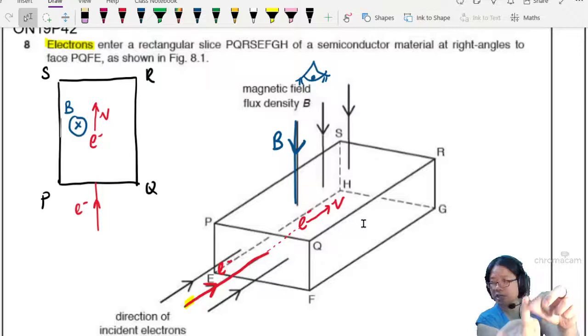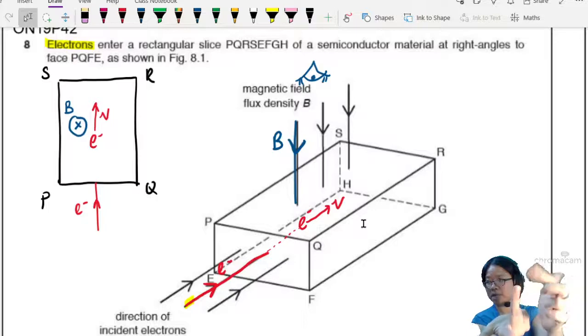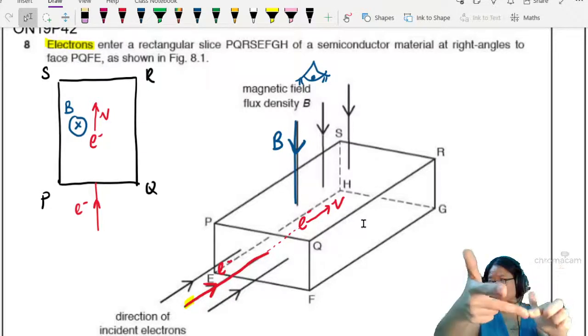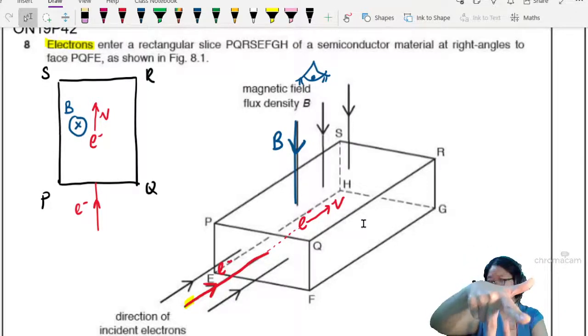Now let's think about my middle finger. If it follows the direction of the electron, this is not the direction of current flow. So the electron is moving upwards, but current is moving downwards. So we will tilt your hand down like so. Right now, your index finger is going into the plane.